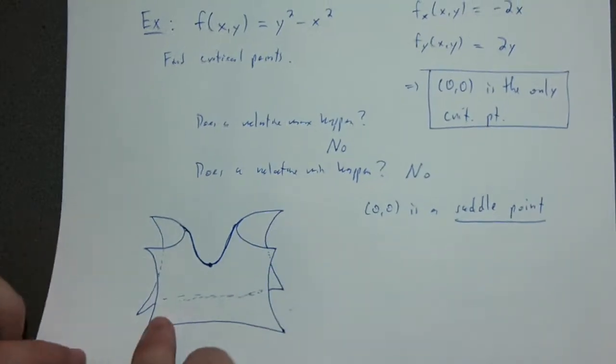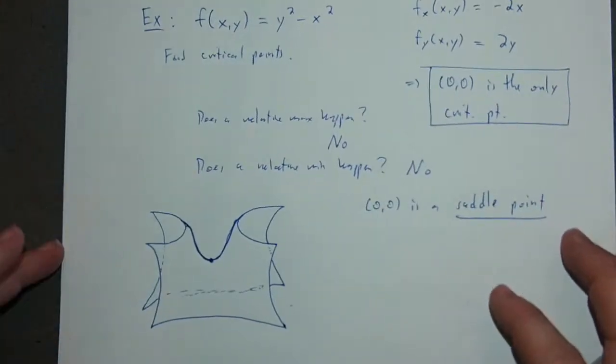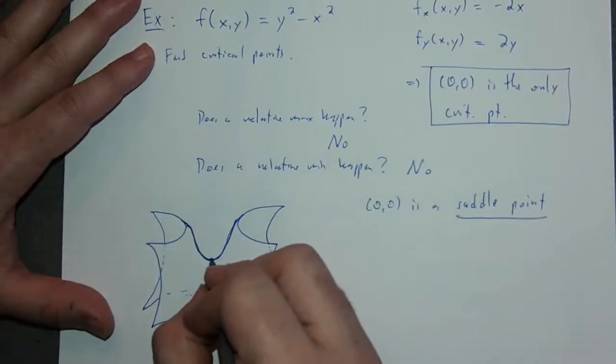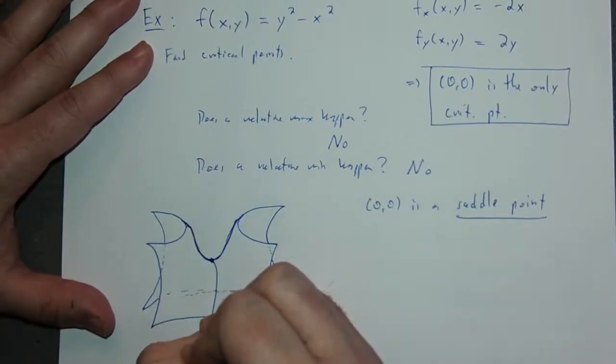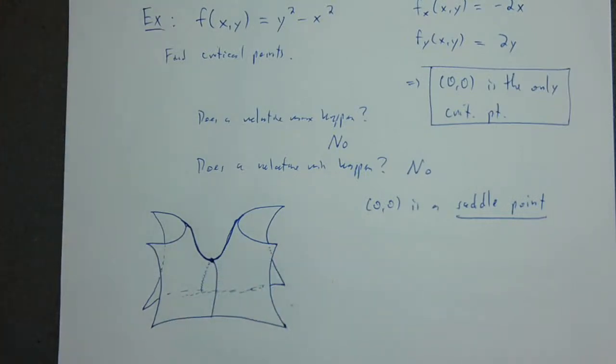But if I were to take this object and turn it on its side and look at cross sections cutting through like this, what is the cross section I get? As we saw when we first did this early chapter 13 stuff, I get a parabola that is downward opening, right?